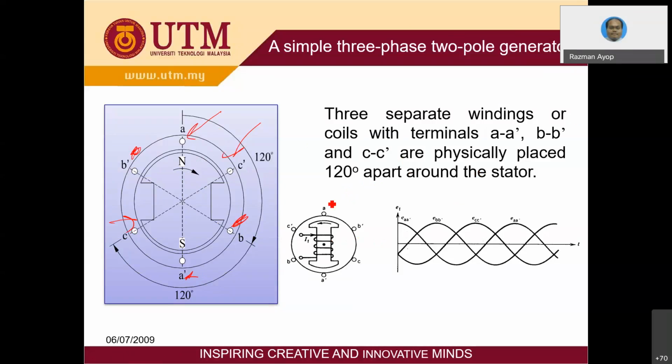You just place the wires at the stator here. B maybe goes in, and this one goes to the other side. So this one maybe goes in, this one goes outside. That is how you arrange the wires for a three-phase system in a generator.